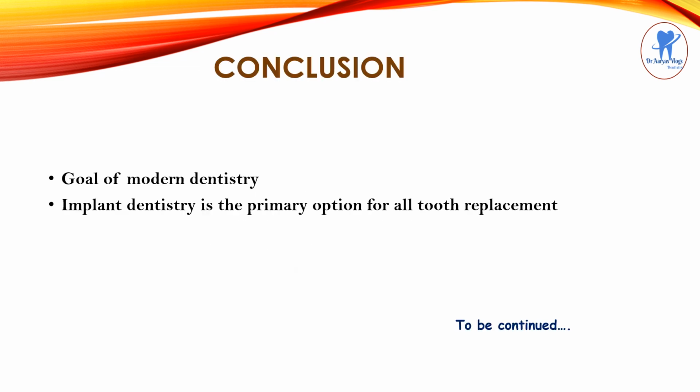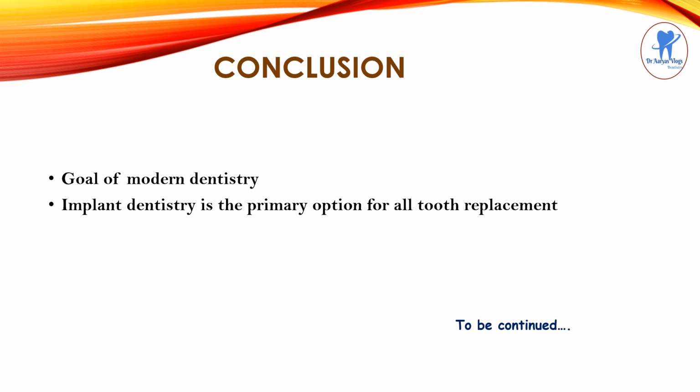Finally, coming to the conclusion. The goal of modern dentistry is to return patients to oral health in a predictable fashion. Partial and complete edentulous patients may be unable to recover normal function, aesthetics, comfort or speech with traditional removable prostheses.